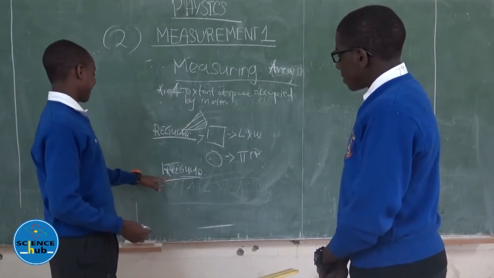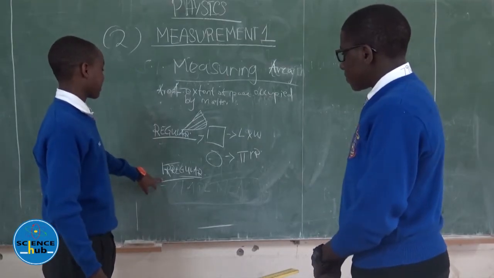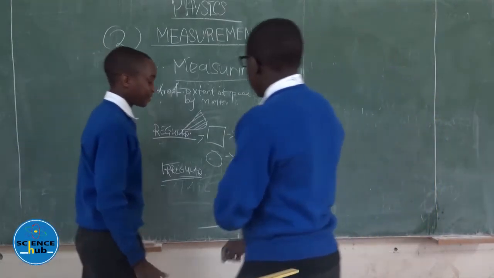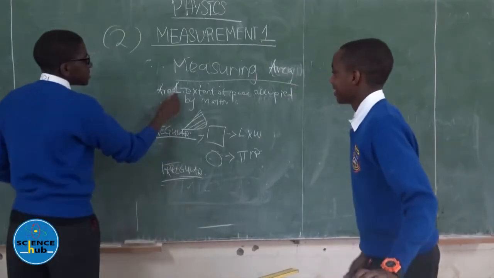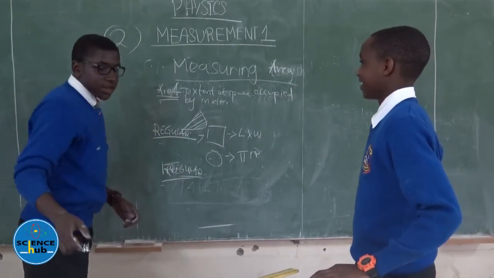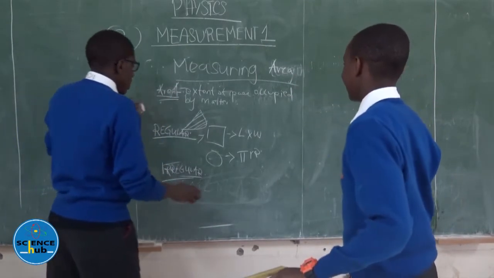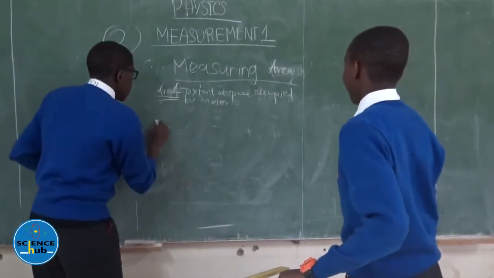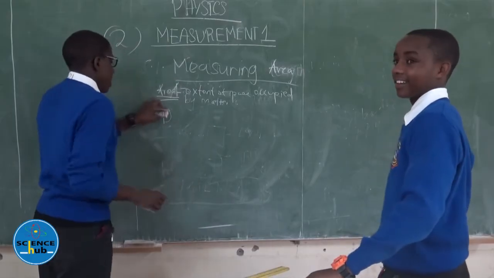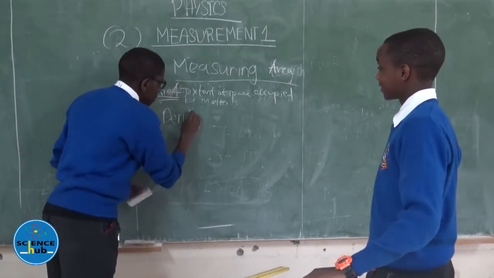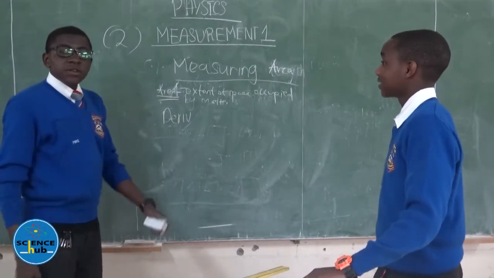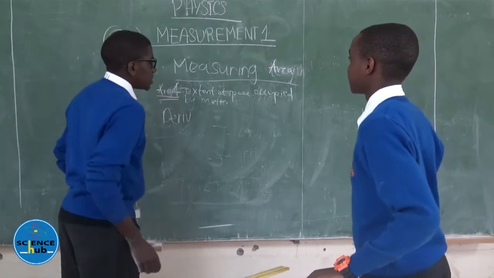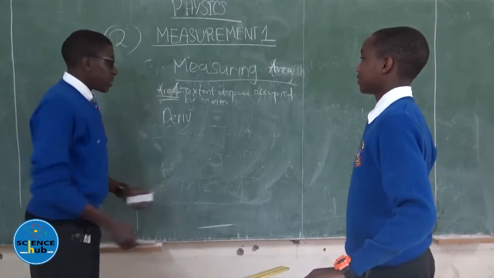Oscar, what can you say about measuring the length of irregular objects? Let's explore on this. Area is a derived quantity, meaning derived quantities are either got from the multiplication or division of basic quantities which we named earlier.